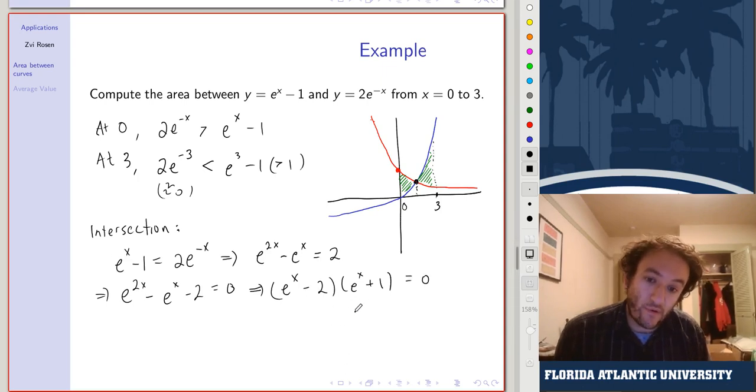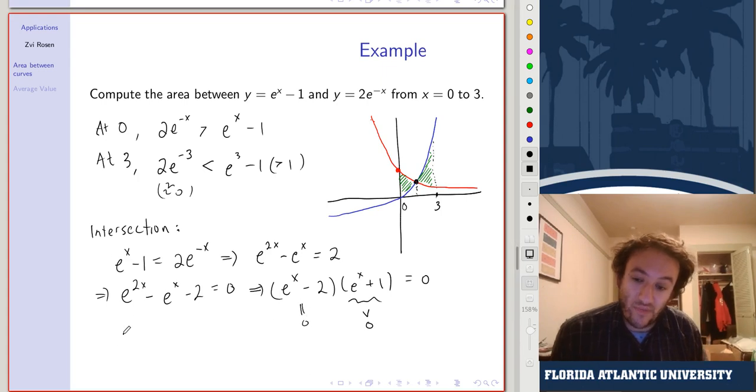Okay, so whenever you have a product of two numbers and the product is 0, that means one of the factors is 0. This one is always strictly greater than 0. So this guy has to be equal to 0, which means e to the x equals 2. So x equals ln 2.